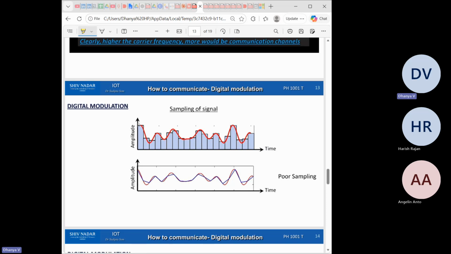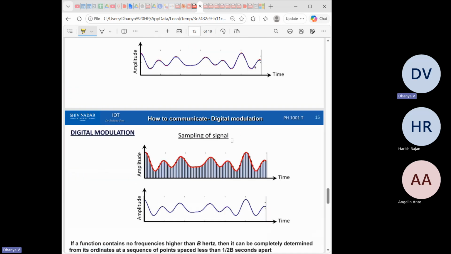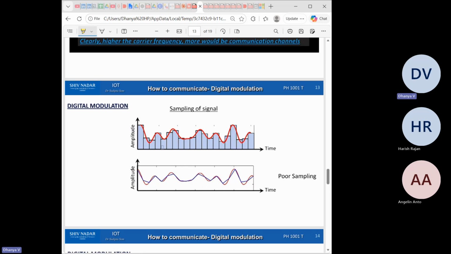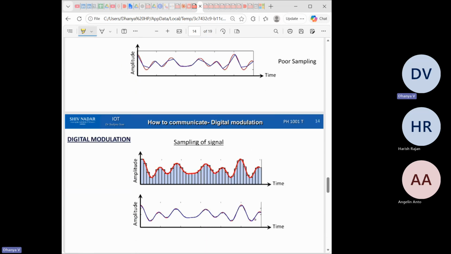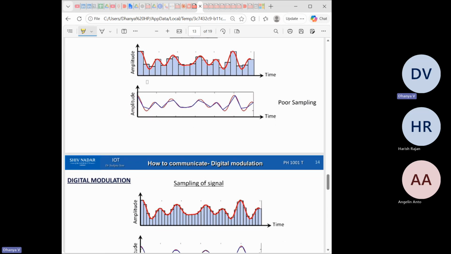So how would you actually detect something? All of your signals are continuous, no? So how do you make them discrete? You do something called sampling. You divide it into smaller chunks. If you don't divide it into smaller chunks, you don't get an accurate image, so you try to make it as minute as possible.